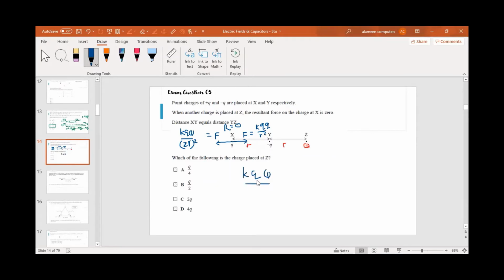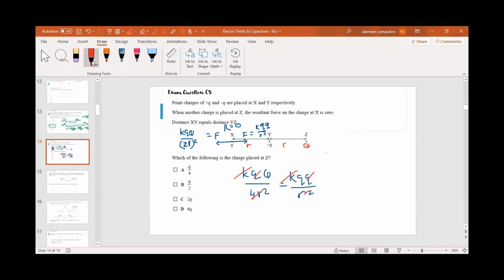K q Q over 4R squared equals K small q into small q over R squared. Now we can cancel the terms which are equal. R squared can be cancelled out, and one small q can be cancelled out as well.